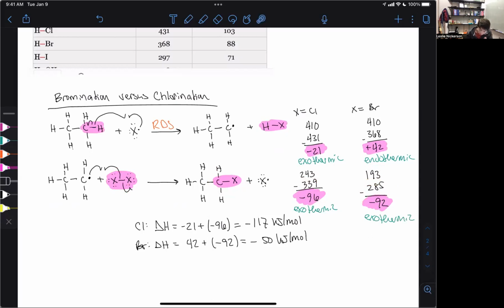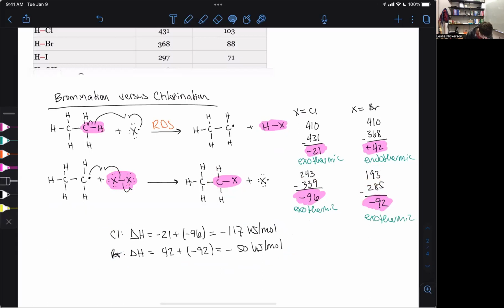So if we look at the overall delta H for chlorine, I essentially have two exothermic steps, so I have something that's very exothermic in the end.